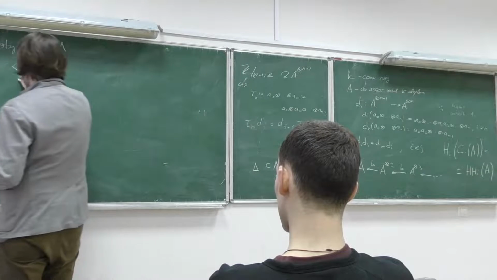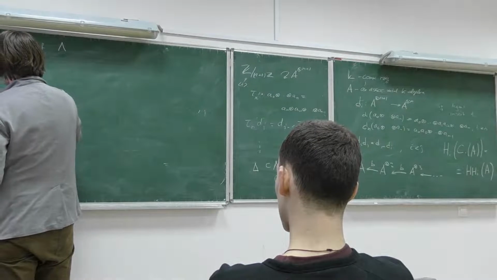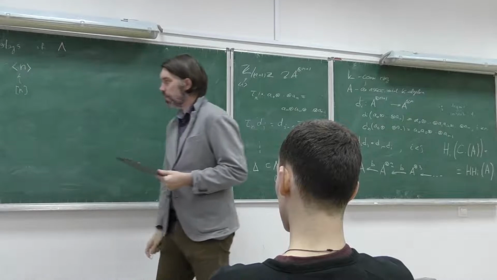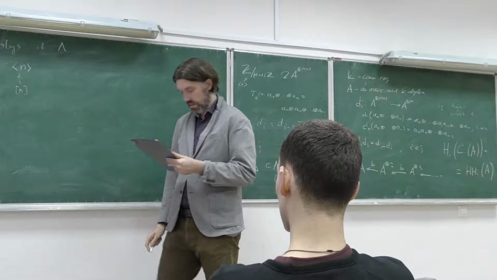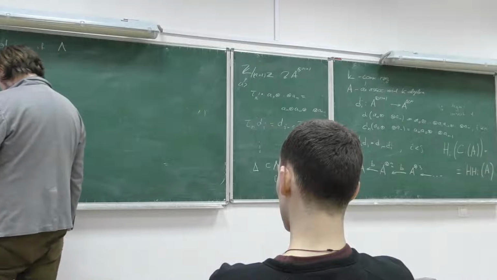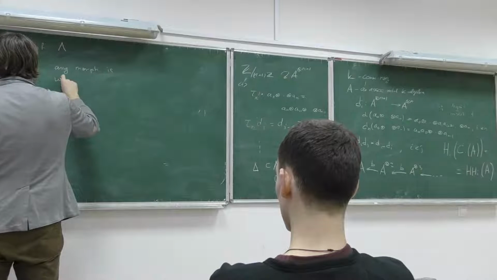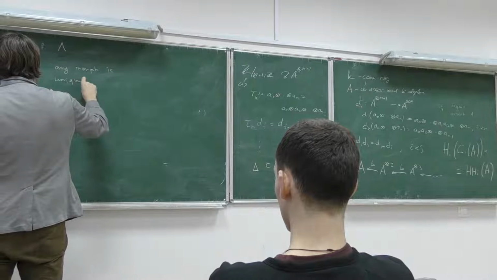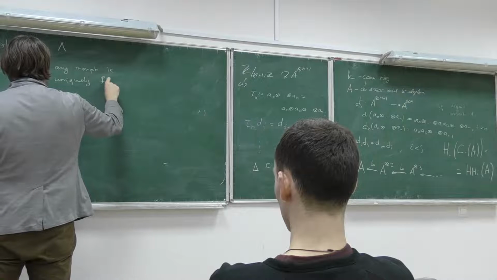This corresponds to the usual ordered set. But now instead of thinking of it as an ordered set, you think of it as a cyclically ordered set. And every morphism is uniquely of the form, so there's a kind of decomposition of it into two pieces.